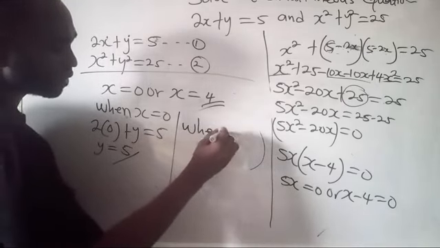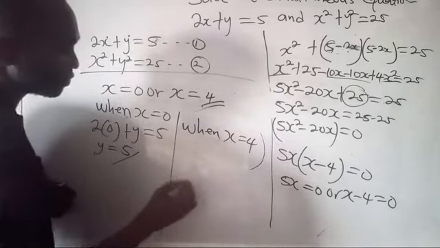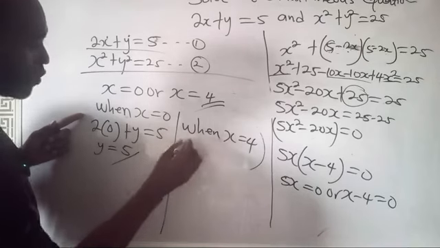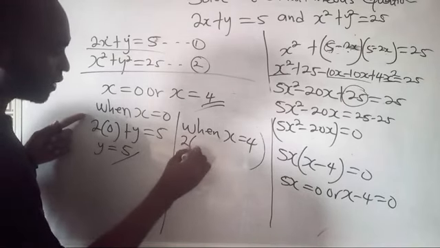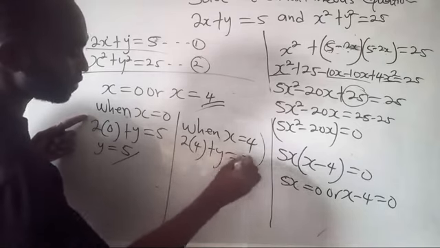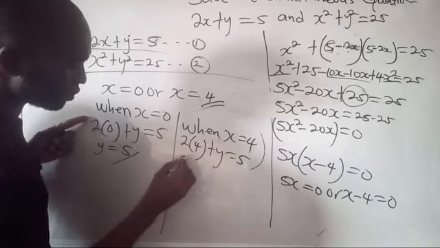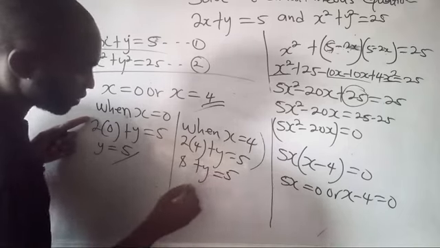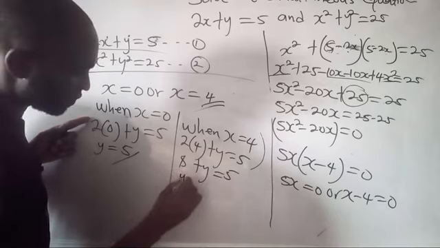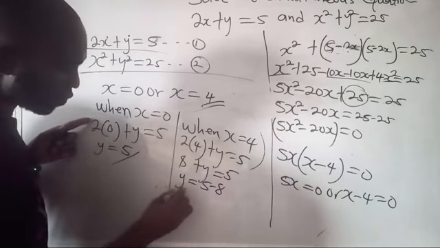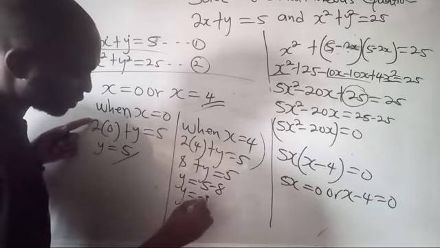Again, when x is equal to 4, putting it in this first equation, you have 2 times 4 plus y is equal to 5. So 2 times 4 is 8, plus y is equal to 5. Collecting like terms, we have y is equal to 5 minus 8, so y is equal to minus 3.